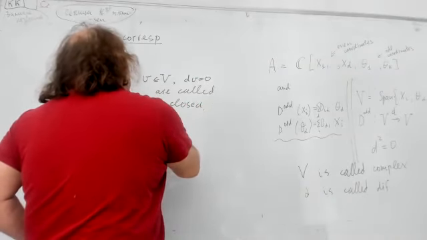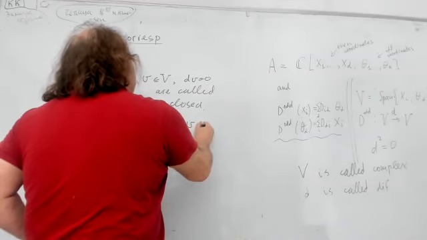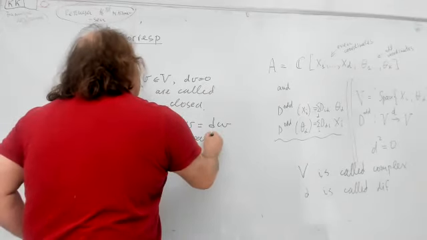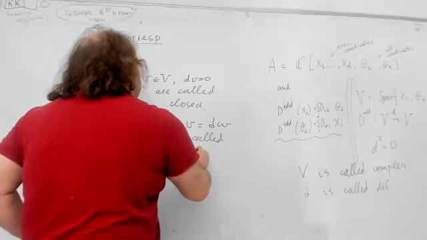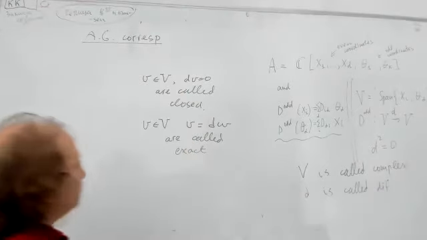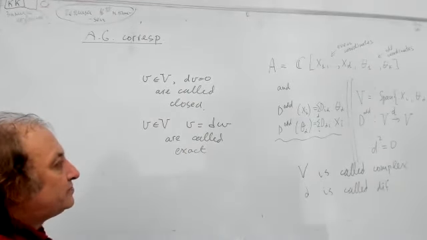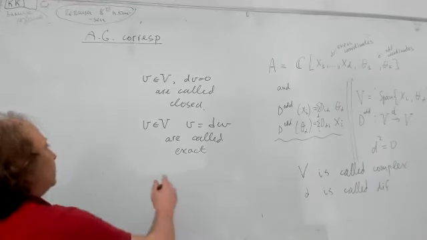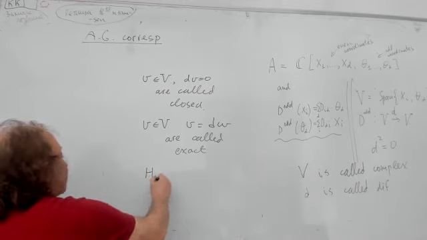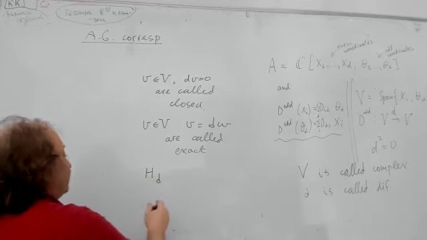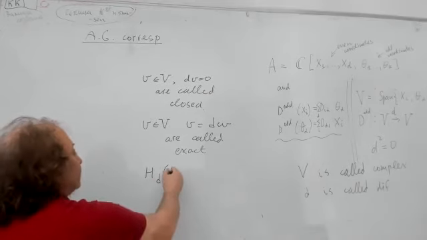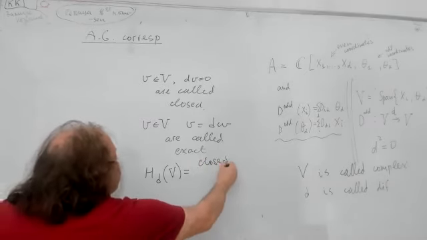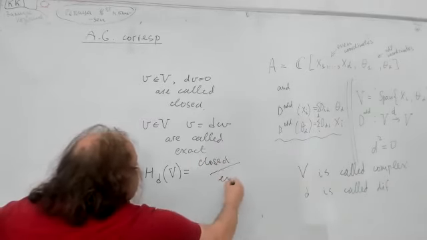Elements of V such that V equals D of W are called exact. Okay? And the homology of D of the complex V is the space of closed factored by exact.